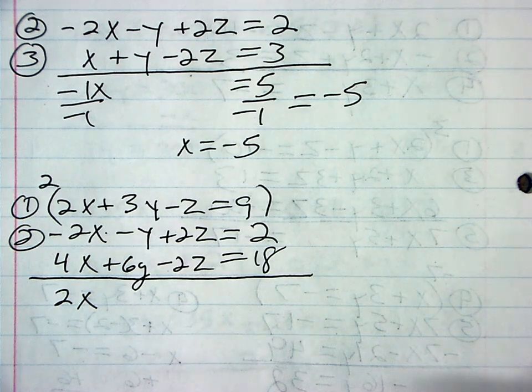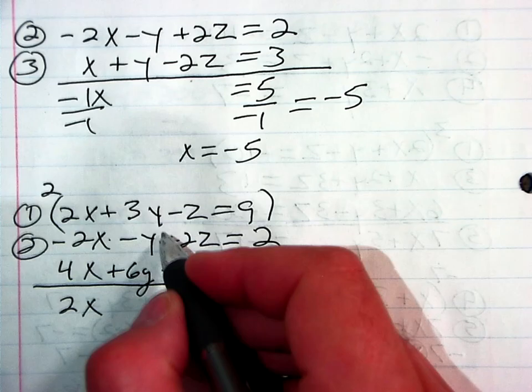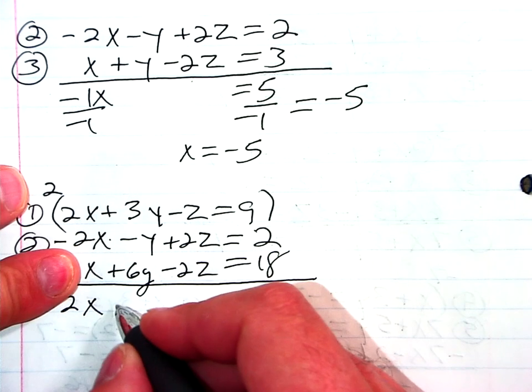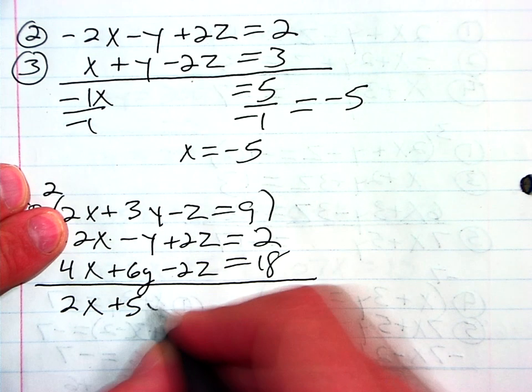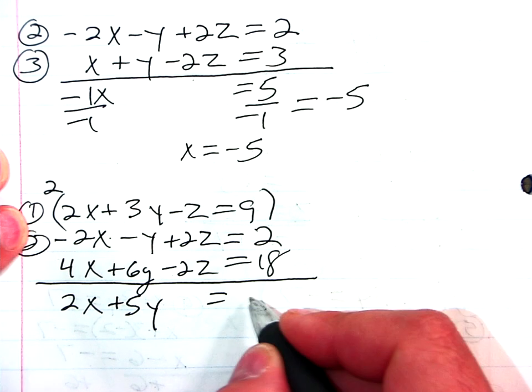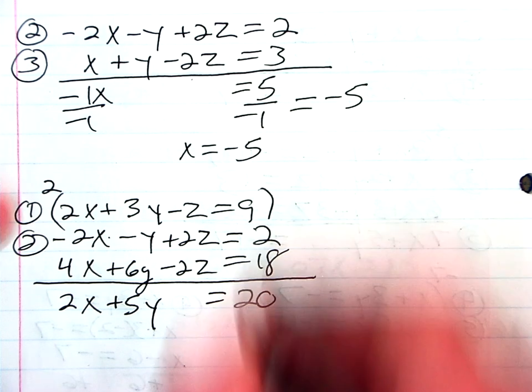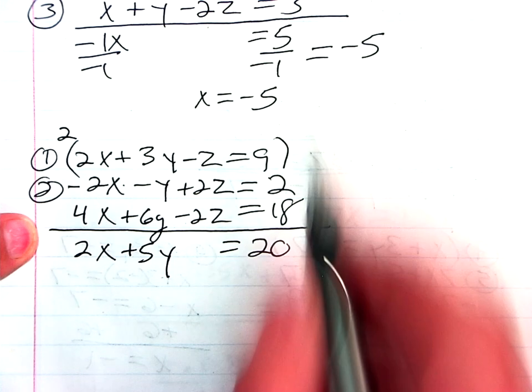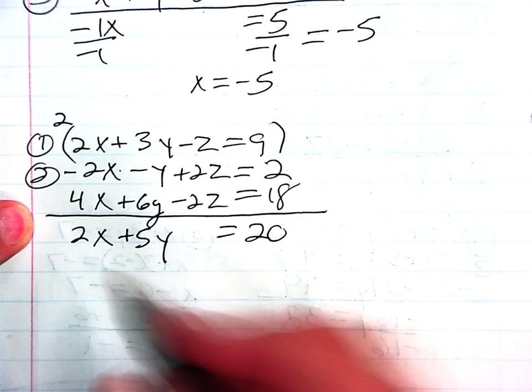All right, negative y plus 6y is 5y. 2z minus 2z is 0. 2 plus 18 is 20. Actually what we're going to do now is take the x equals negative 5 and plug it in for this x right here.